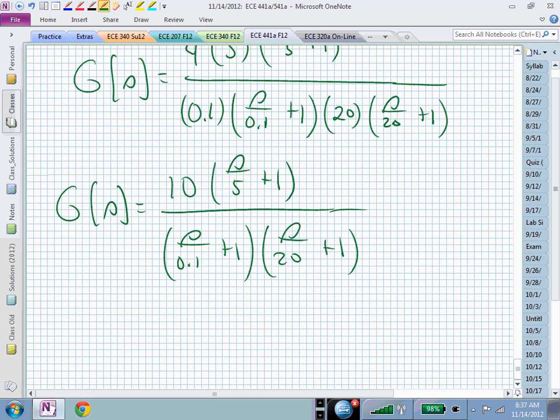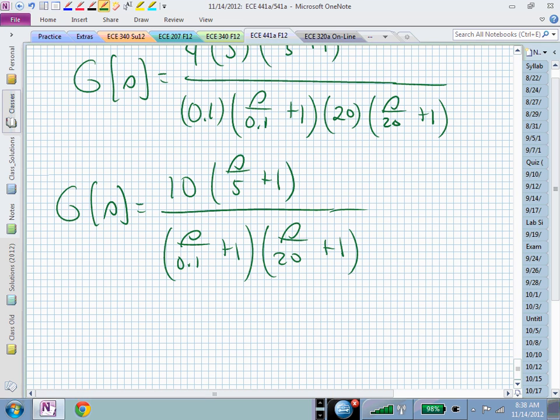We can start to see then how these are oriented or located in the frequency axis. We have a pole first at 0.1, then we have a 0 at 5, then we have another pole at minus 20. But in the frequency sense, that's happening at 0.1, 5, and 20. We also have a gain.